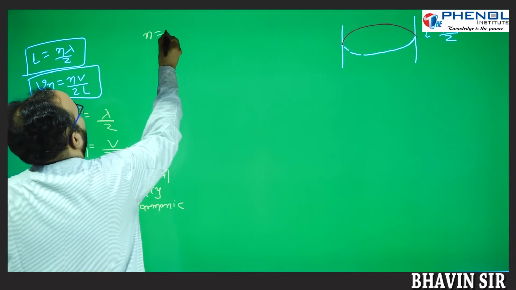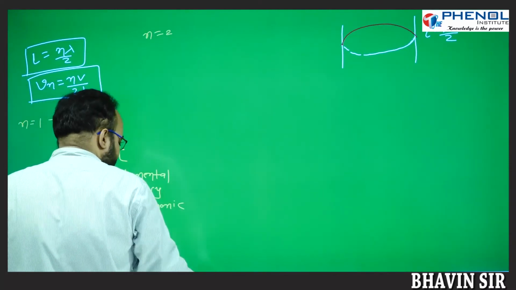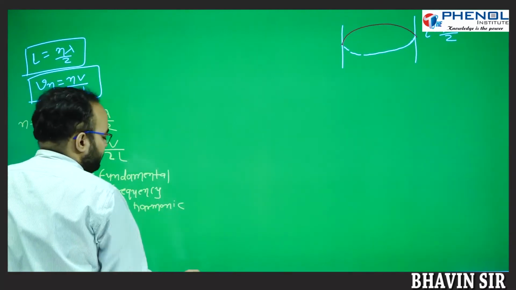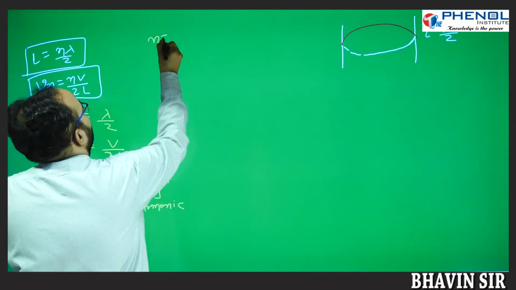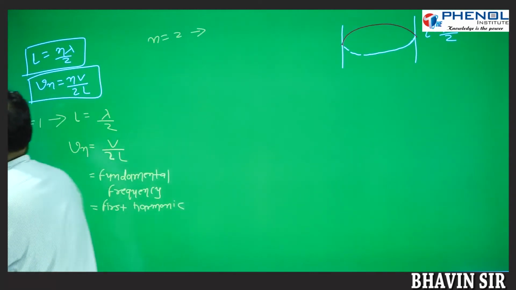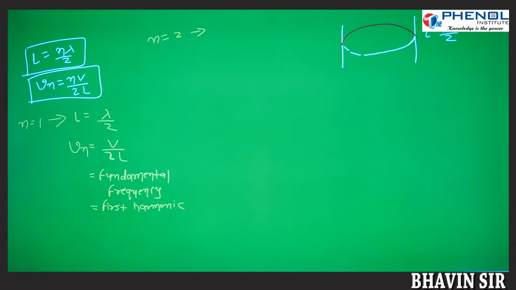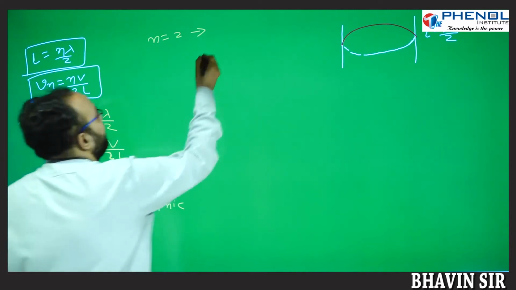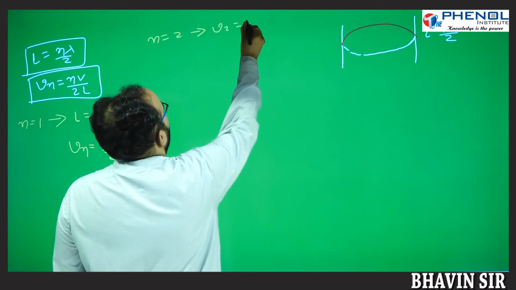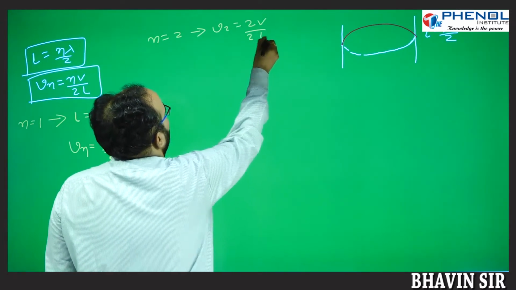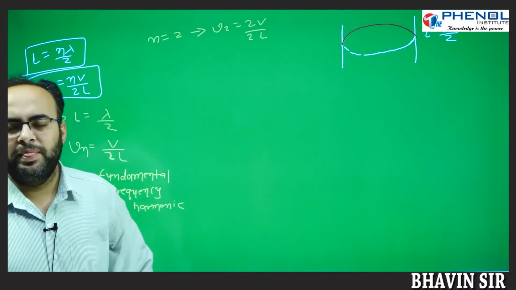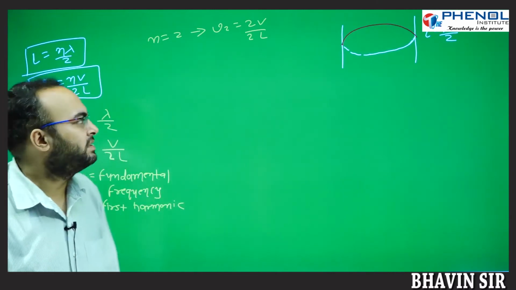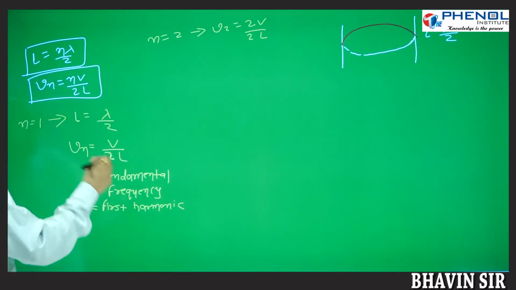Now we take n equal to 2. If we take n equal to 2, what is the frequency? 2v by 2L.